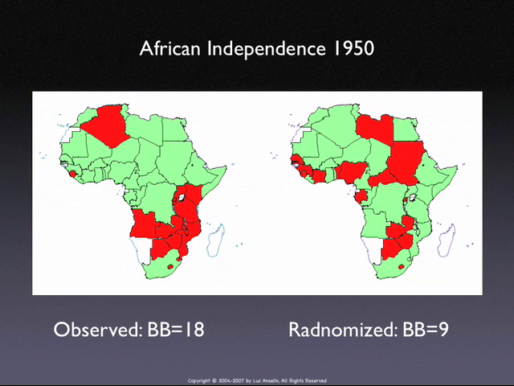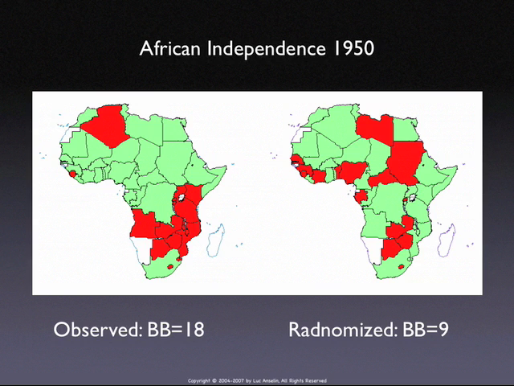And here, randomized, I'll have to fix that. This is randomly assigned. So we have a fixed number of independent countries, and now we are randomly throwing them on the map. And we're rewriting history, and these are now the countries that we make independent at that time. What is the BB count?